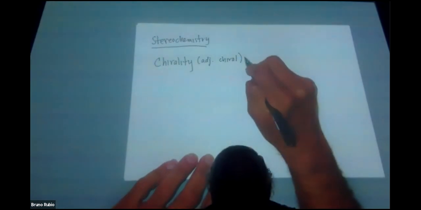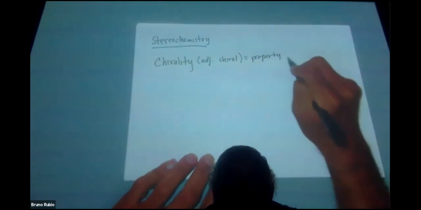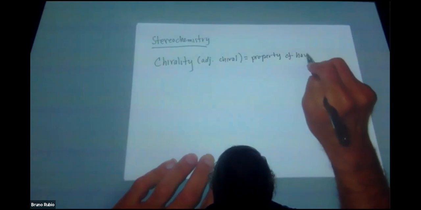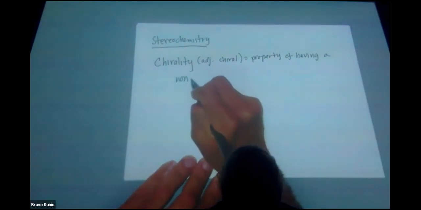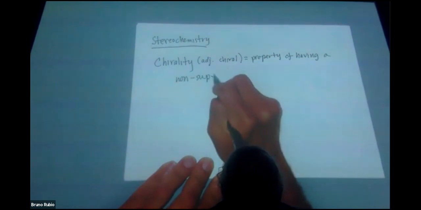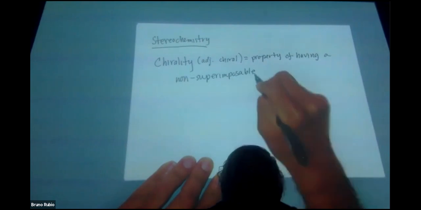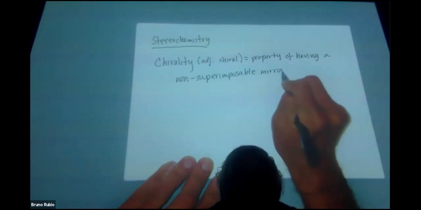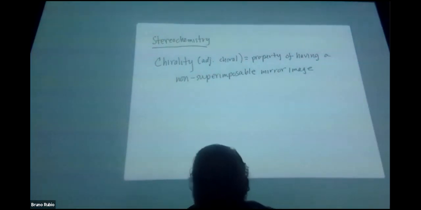And chirality is the property of having a non-superimposable mirror image. All right. And this is going to be a big focus of what we're going to be talking about for the next couple of lectures.